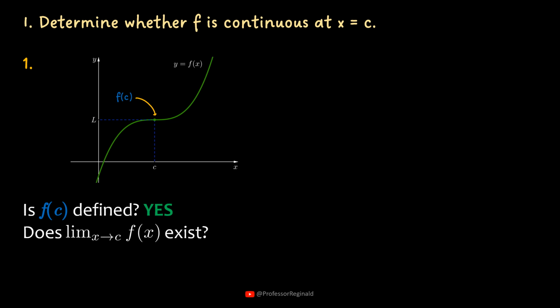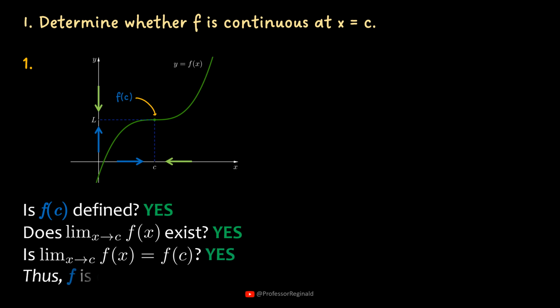Because the one-sided limits both approach the same number. Yes. Is the limit equal to f of c? Yes. Thus, f is continuous at x equals c.